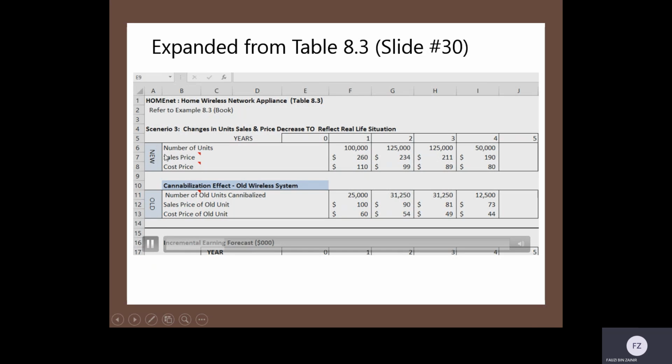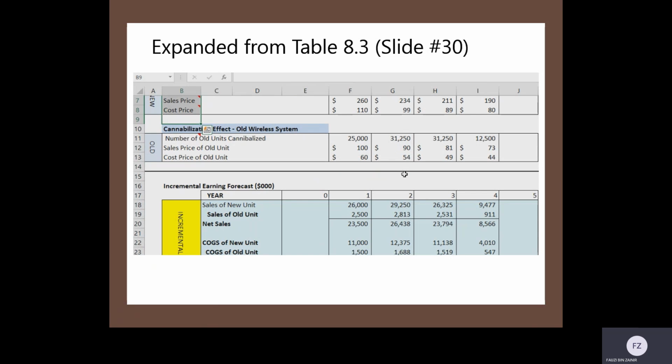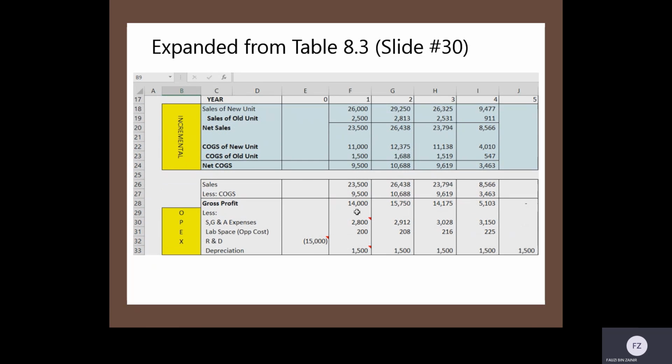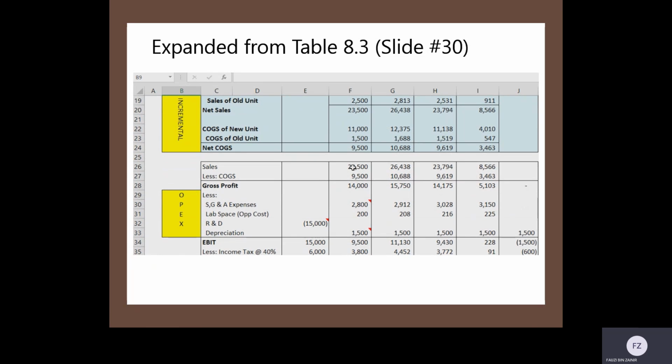So here is the same as what we normally do in our spreadsheet. We have the new versus the old ones, and from those figures we derive the incremental effect, that is the net changes in the sales and the cost of goods sold based on year, and those numbers are going to be fed into the summarized figure on the sales and the cost of goods sold.